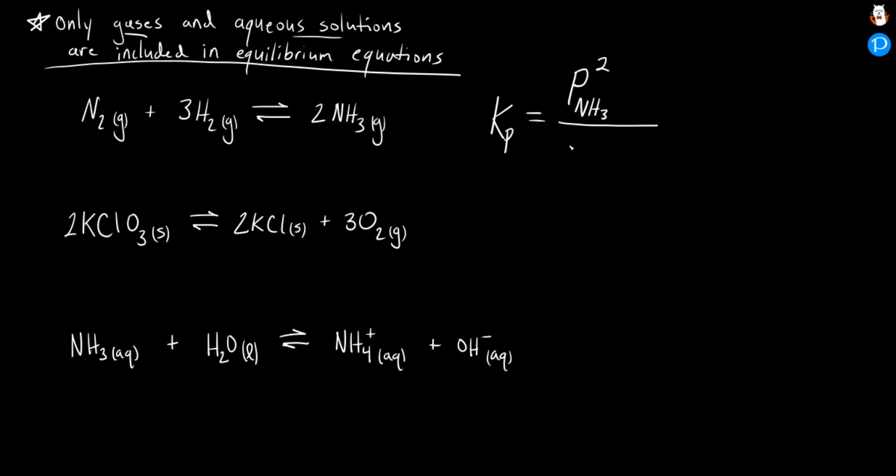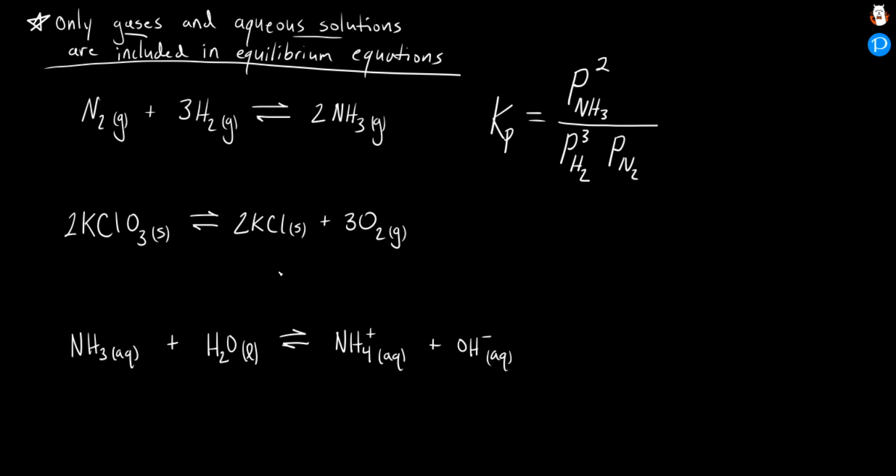So I've got the pressure of H2, that's going to be cubed, or raised to the third power, and then times the pressure of N2 gas. And there's a 1 here, so we're just going to leave that. We don't have to label a 1 there. We're just going to leave it blank. And that would be my equilibrium expression then for this reaction.